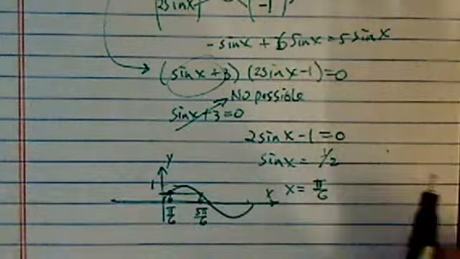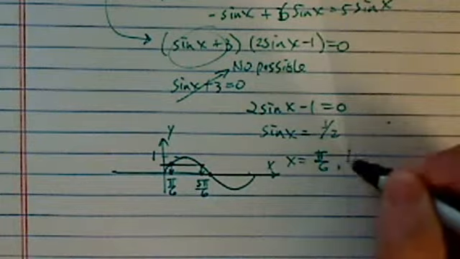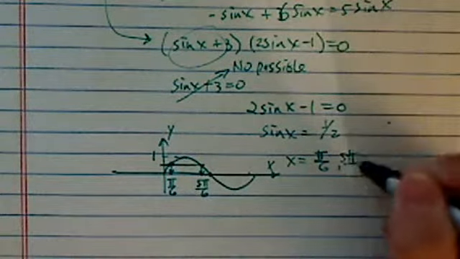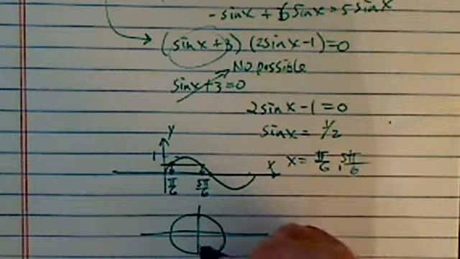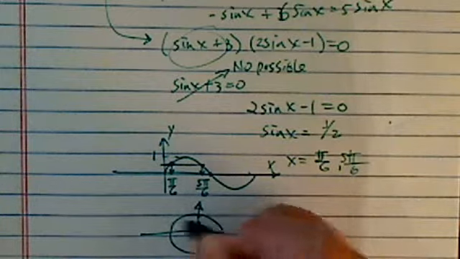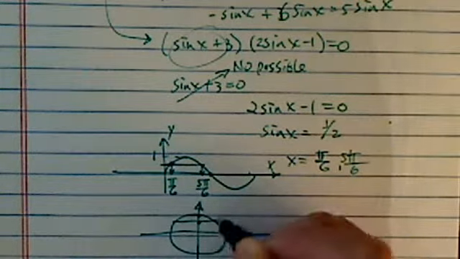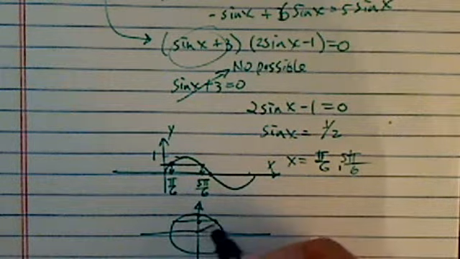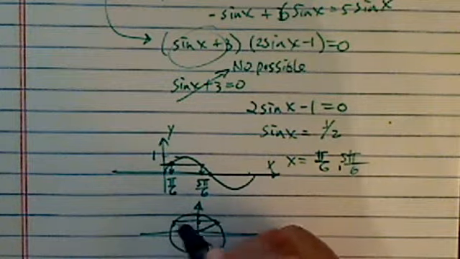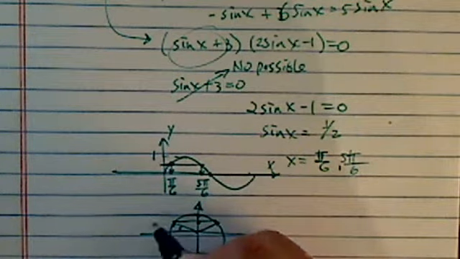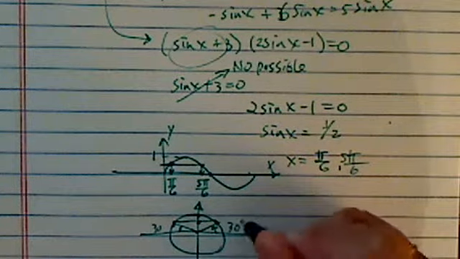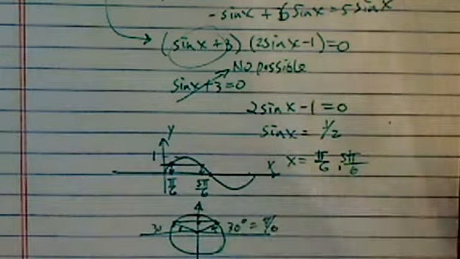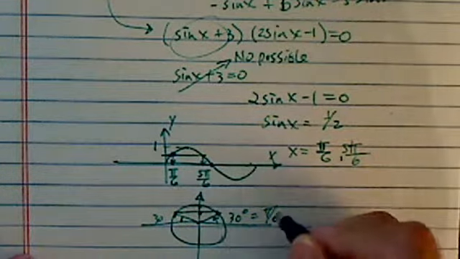So on your unit circle, 5 pi over 6. On your unit circle, the y value is the sine number, so one half. So you have 30 degrees here, which is pi over 6.